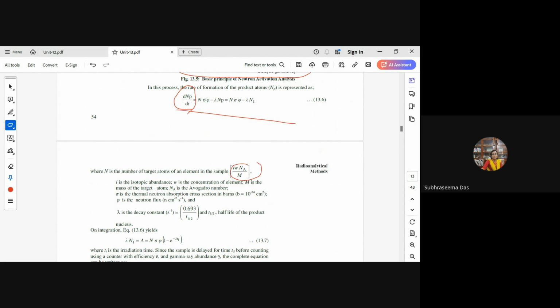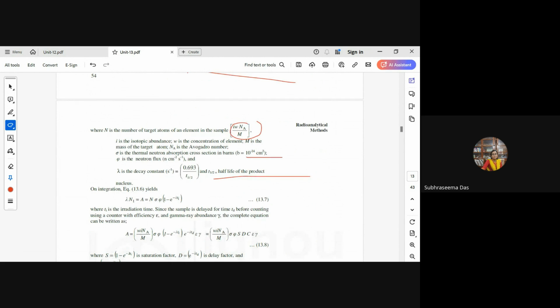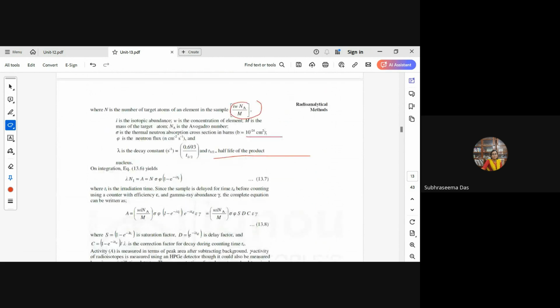Sigma is the nuclear cross section in barns, that we write as 10 to the power minus 24 centimeter square, and lambda is the decay constant, where T half represents the half life of the product. On integration of this equation 13.6, we find that lambda n1 is equal to A. This is equal to n into sigma into phi into 1 minus e to the power minus lambda ti, where ti is the time of irradiation.